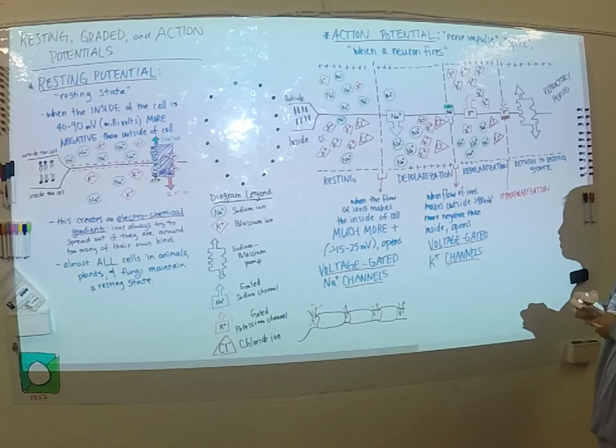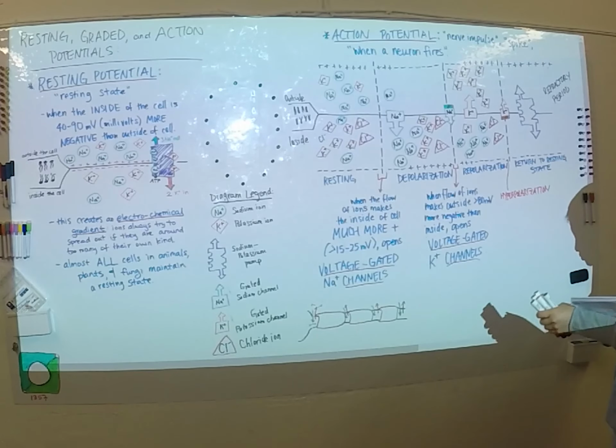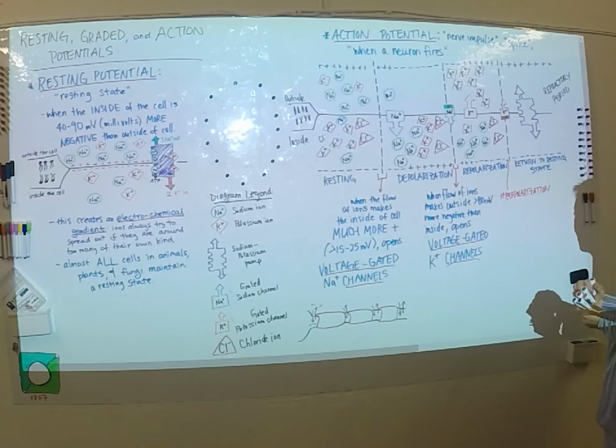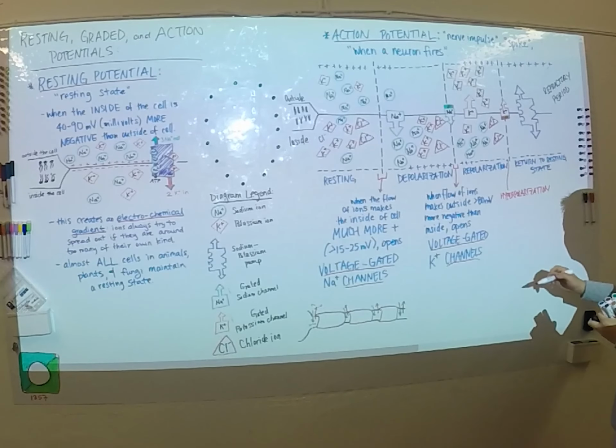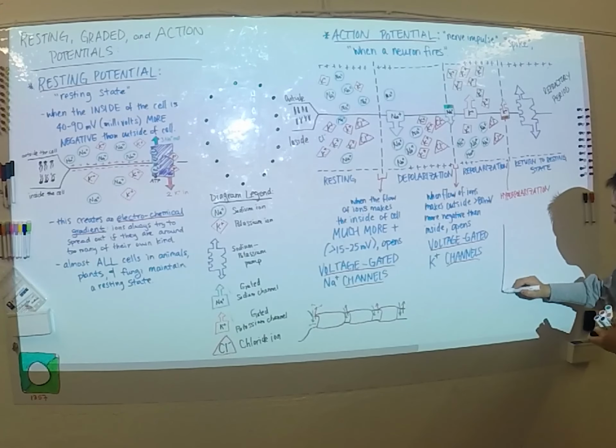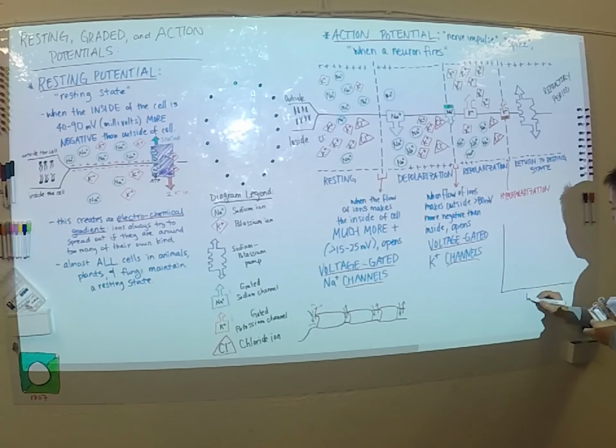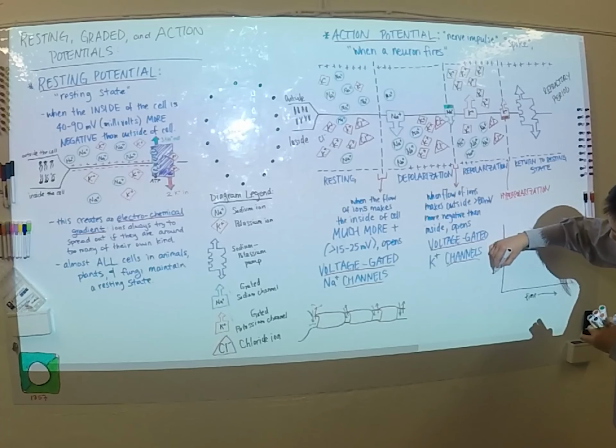So, like we did with the graded potential, I'm going to draw a graph, and this is probably what you'll see again in most textbooks when they're describing the action potential. Okay, so let's make a graph here. This is time. Okay, this is millivolts.